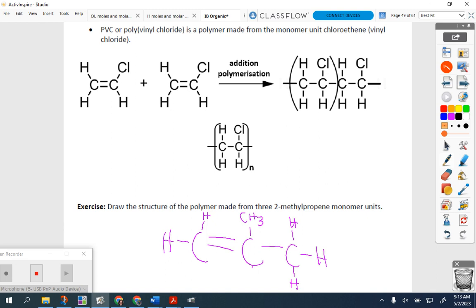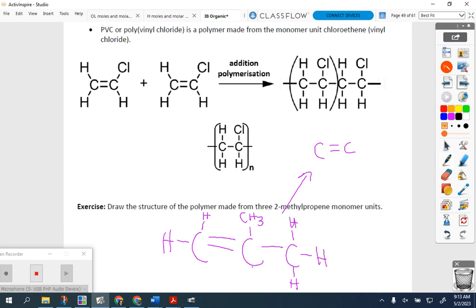So we've got the double bond, and then it's 2-methyl. So on the second carbon, which again, it doesn't matter which way we count it, we have a methyl group. You can also draw it like this, which might make things a little bit easier. If you think about the actual shape of the carbons that are involved in a double bond, it's going to be trigonal planar.